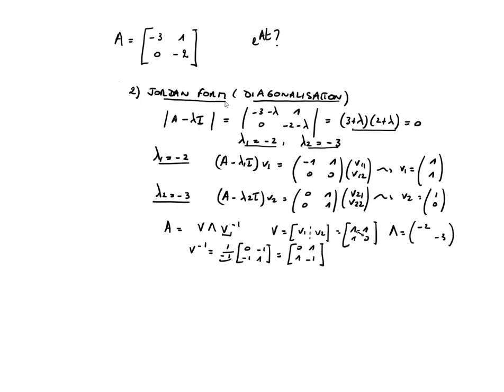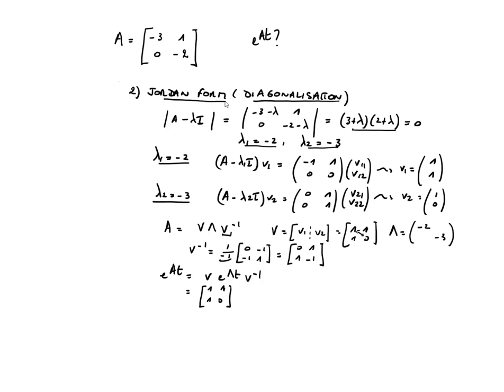And we know that the exponential of At is V e to the Lambda t V inverse. So we have to take V here, 1, 1, 1, 0.